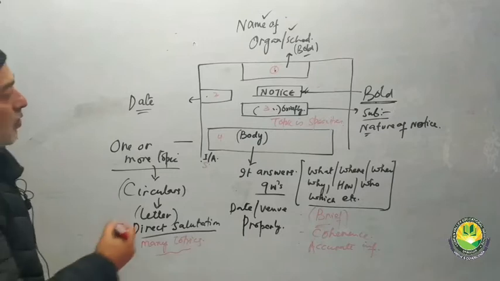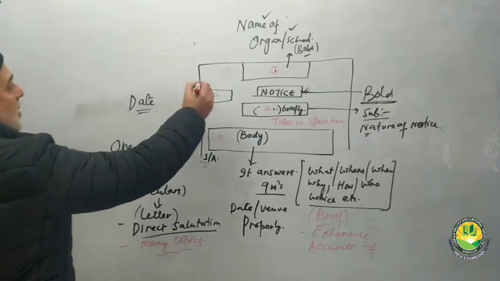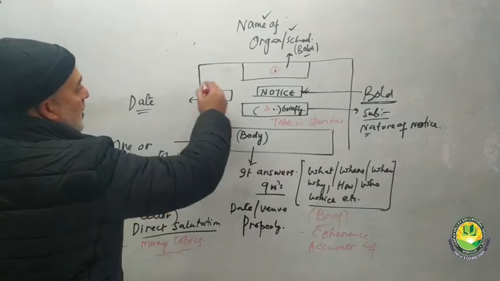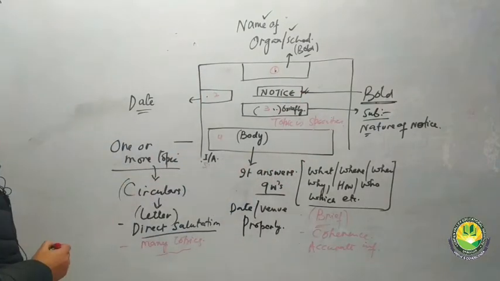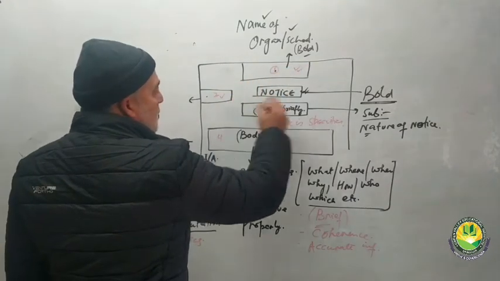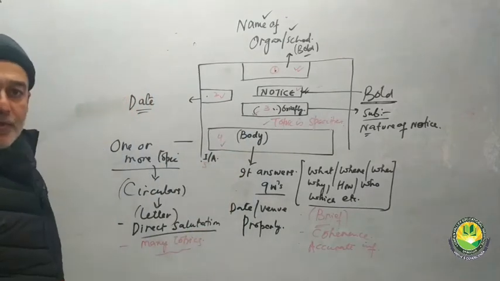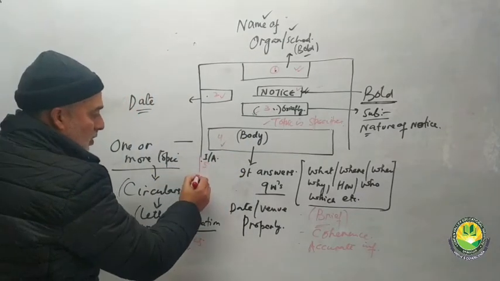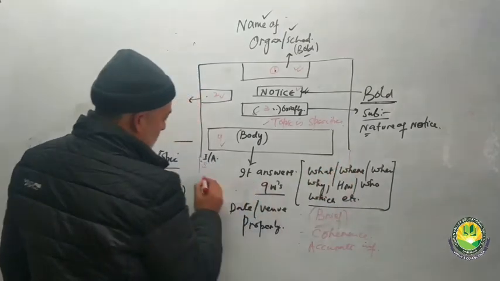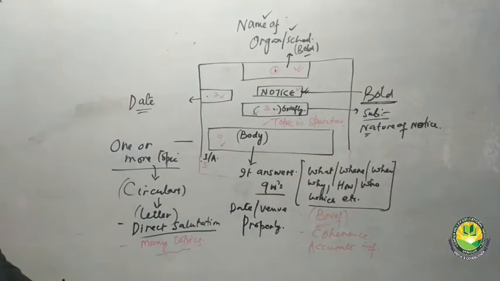And one more important thing in notes is, when you are writing notes, remember it should be in a box. Second, do not alter the positions of its components, and at the end you can close the box. This is how we make notes.